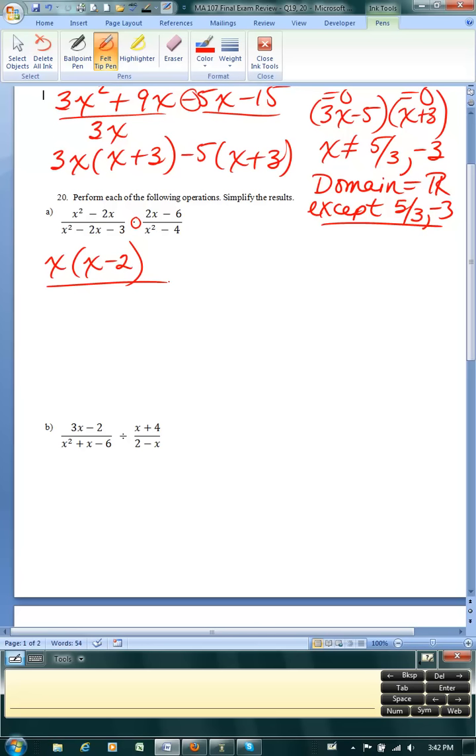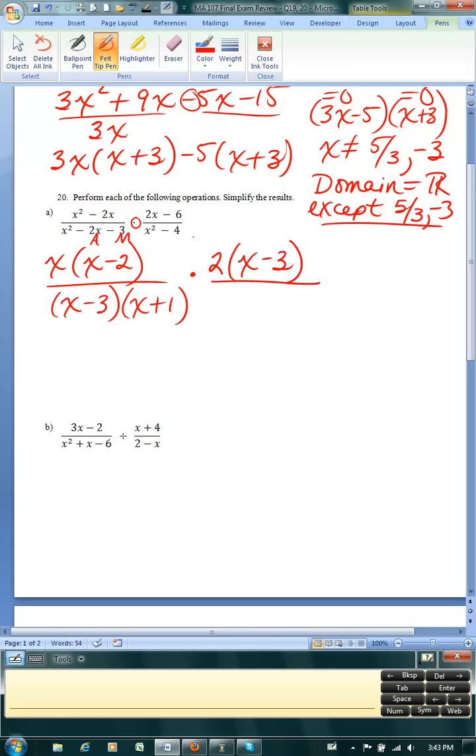In the denominator, I'm looking for numbers that multiply to negative 3 and add to negative 2. Those numbers are negative 3 and positive 1, x minus 3, x plus 1. In the second one, I'm going to take out a 2, and I'm left with x minus 3.